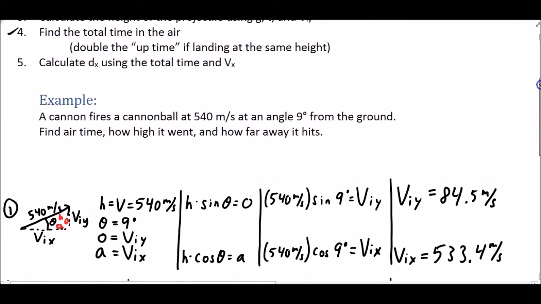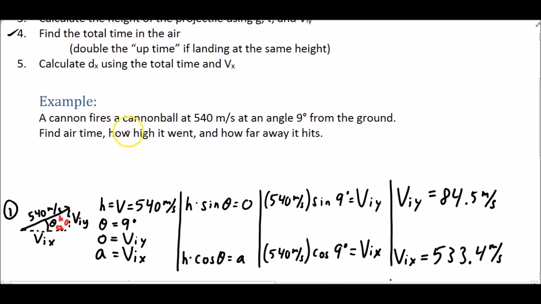Okay, so we still haven't quite answered the questions. We found how we're going to, but we need to answer these questions. The air time. So we need to make sure this is nice and neat. Air time is equal to 17.2 seconds. How high it went.